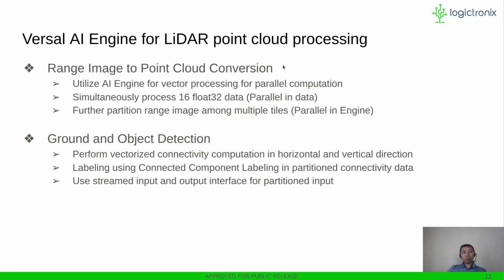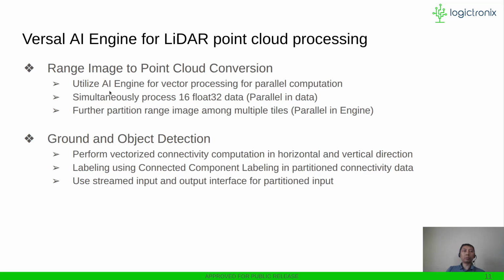So using the AI engine, we are able to do various parallel computation on the LiDAR data. For range image to point cloud conversion, we can utilize the AI engine's vector processing and multiple-processor computation architecture to do parallel computation.